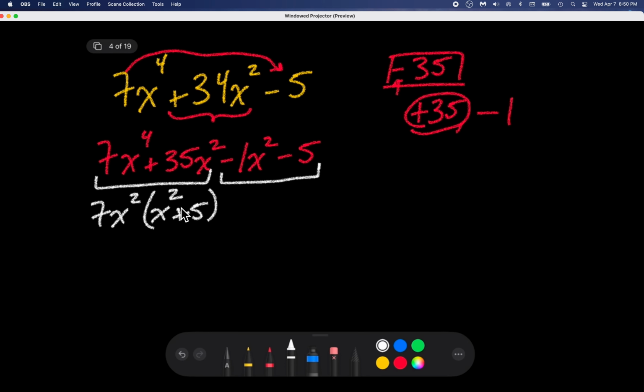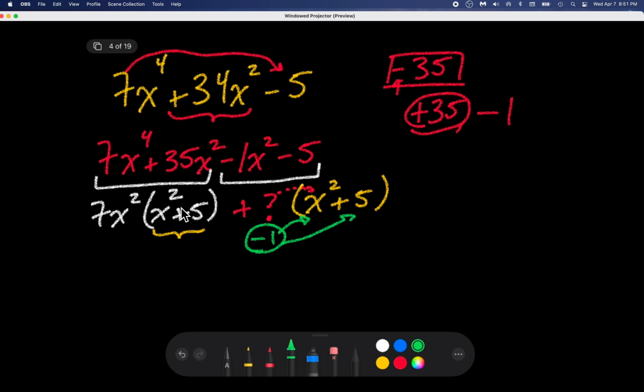Then I ask myself, what number, when I distribute it to x squared plus 5, is going to give me this right side of the equation? And the answer is going to be negative 1. If I put negative 1 instead of that question mark and I distribute, I'm going to get negative 1x squared minus 5. So that's what I'm going to insert in lieu of that question mark right there.